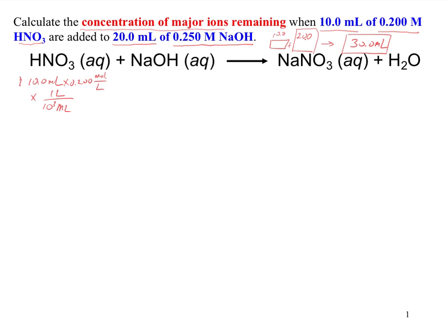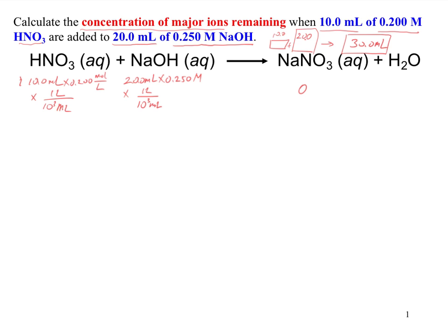And for the sodium hydroxide, the initial mole number is 20.0 milliliter times 0.250 molar, and times the conversion between mole, liter and milliliter. So how many moles of sodium nitrate do we have initially? 0 mole. And because it happened in water solution, we don't look at the mole number of water right here.